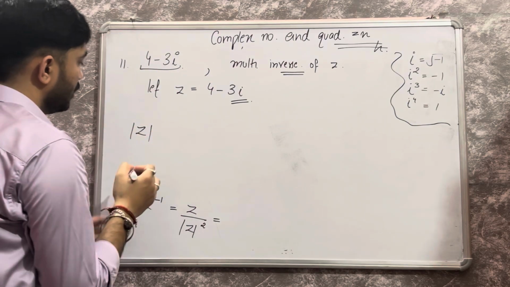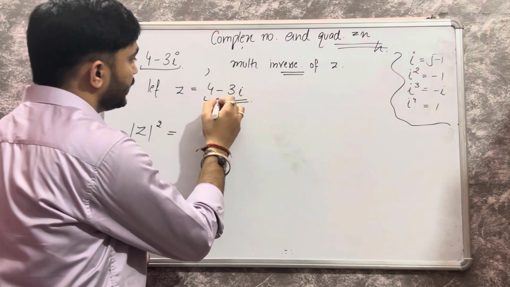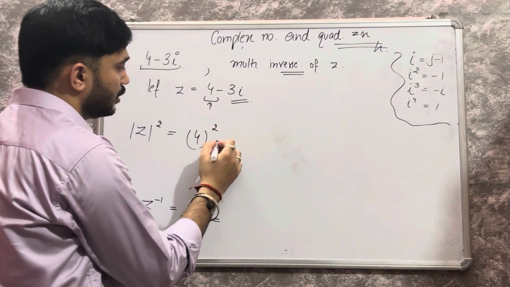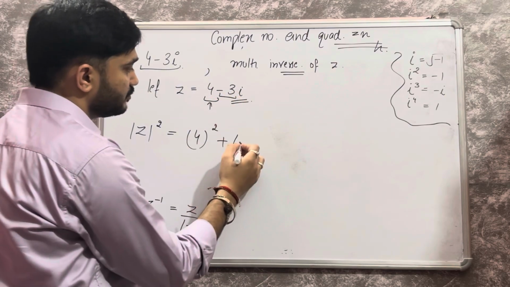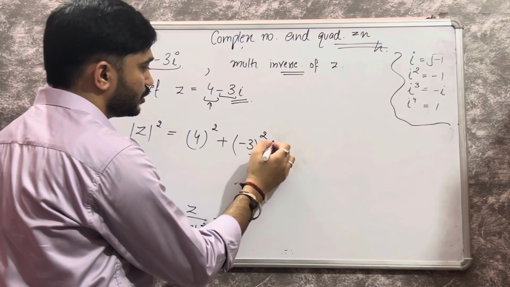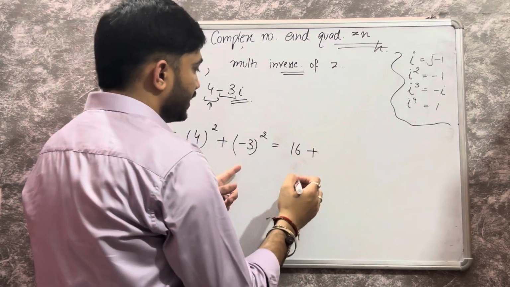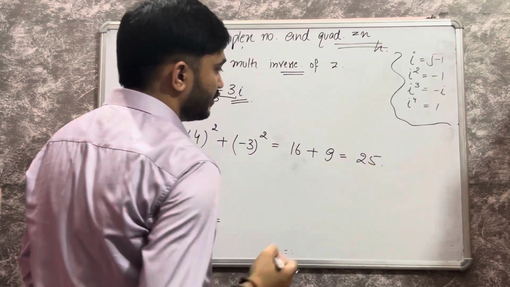How we are going to find mod z square is a big question. Mod z square is always equal to the real part square plus imaginary part square. So the real part is 4 square plus the imaginary part, here minus 3 square. 4 square is 16 plus minus 3 square is 9. 16 plus 9 is 25.